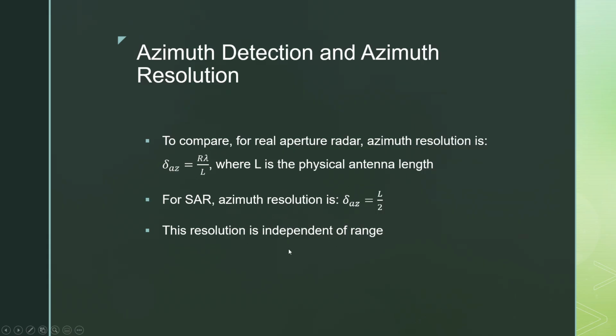So as you can see, resolution is independent of range. And this increase in performance for azimuth resolution is exploited by something called the Doppler frequency shift caused by the platform motion. As the radar moves, a target produces a Doppler frequency history that is processed using azimuth compression.